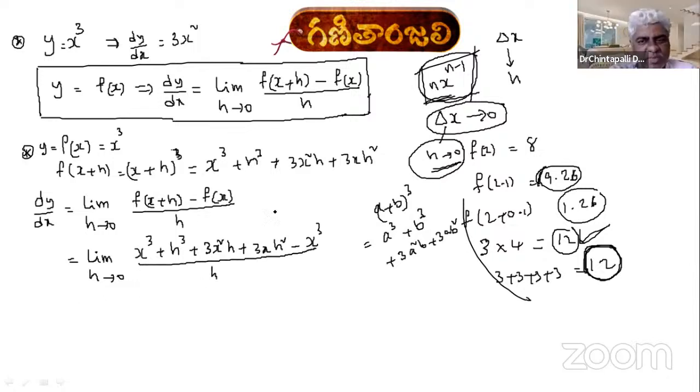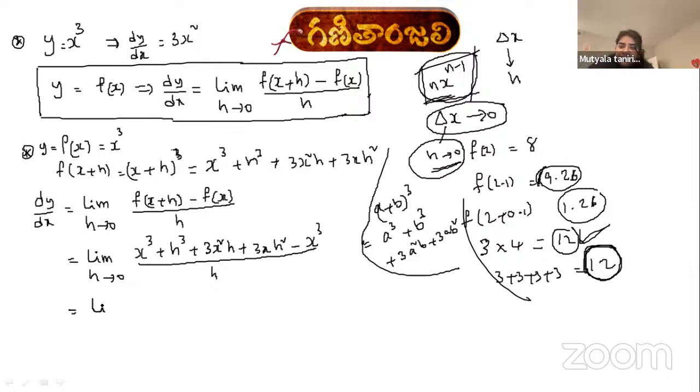How can the numerator be simplified? Is there any cancellation in the numerator? The positive x cube and negative x cube cancel.